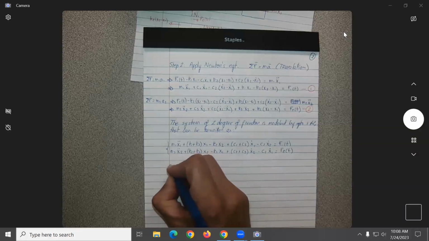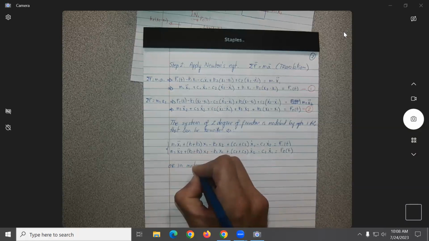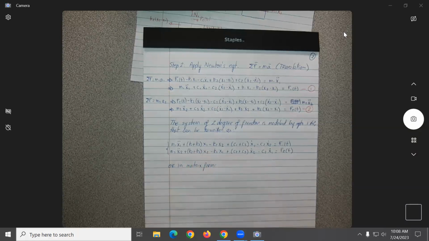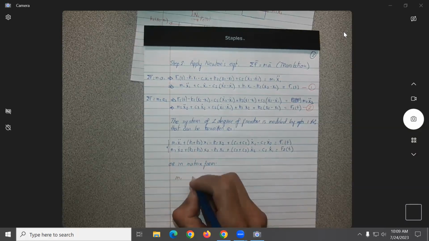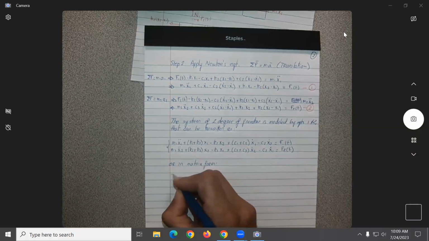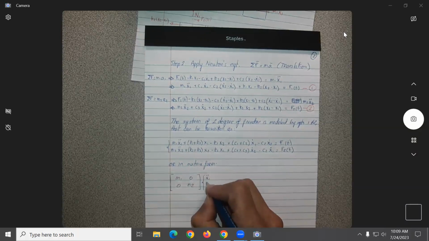So in matrix form, we have what? M1, 0, 0, M2, times x double dot 1, x double dot 2. If you need time to figure this out, let me know. I'll give you time to think about it.